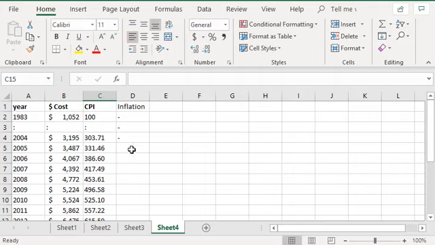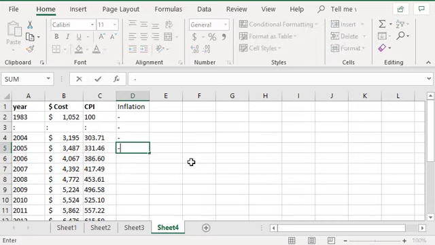Now for inflation rates, remember what the inflation rate is. Equal, parenthesis, what it is in 2005 minus what it was in 2004, divided by what it was in 2004, times 100. So it's the percent change in the CPI from one year to the other.